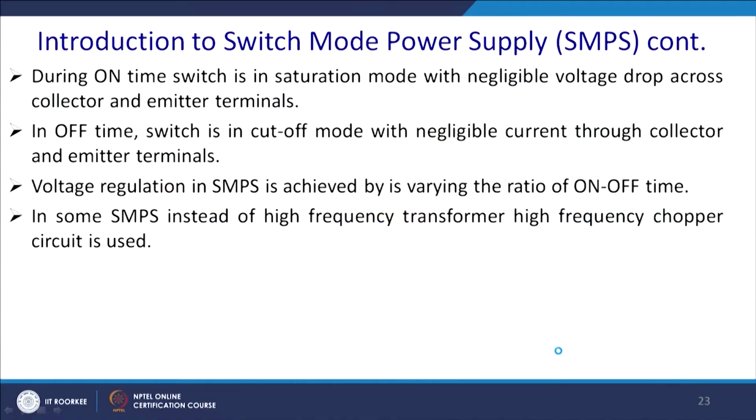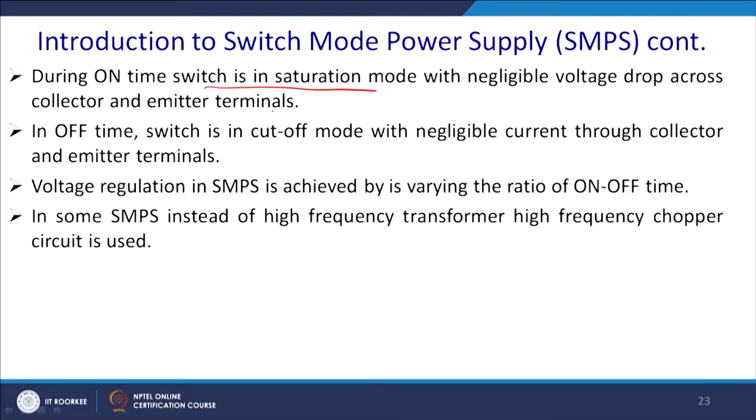During the on time the switch is in saturation mode, so that you have low conduction losses or negligible voltage drop across the collector and emitter, or in the case of the IGBT, or the drain and source in case of the MOSFETs. So, if you require a little higher power rating, then you require to use the IGBT.